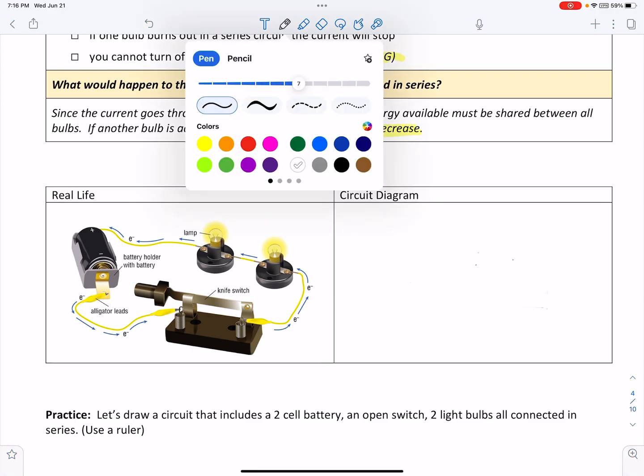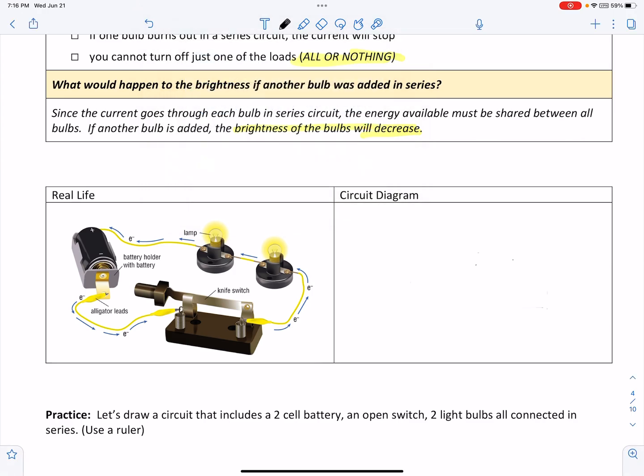The first thing we'll draw is the cell. Since there's one cell, we will draw a big line and a small line. This being the plus and this being the minus.